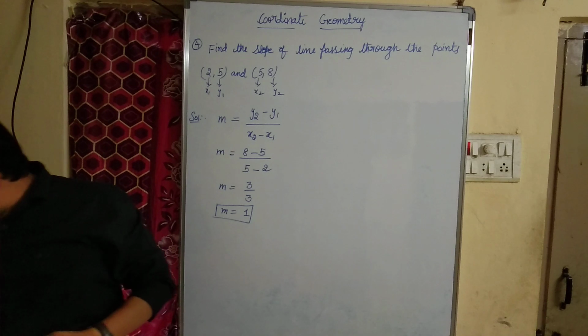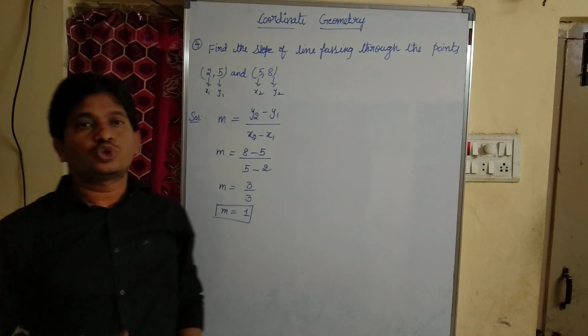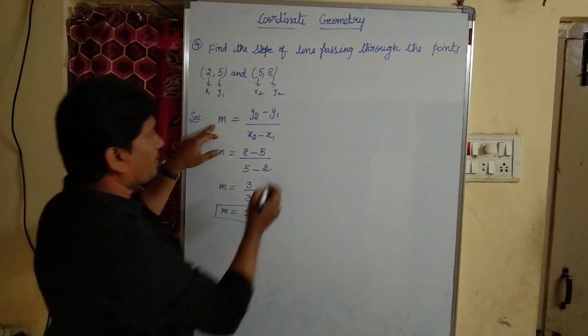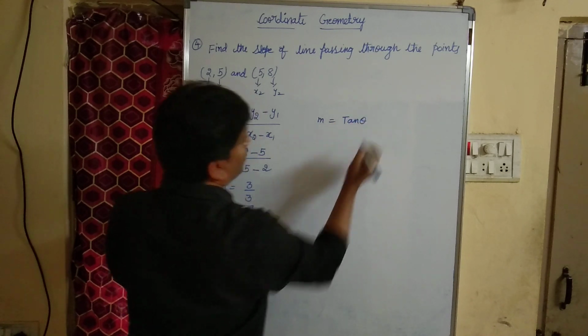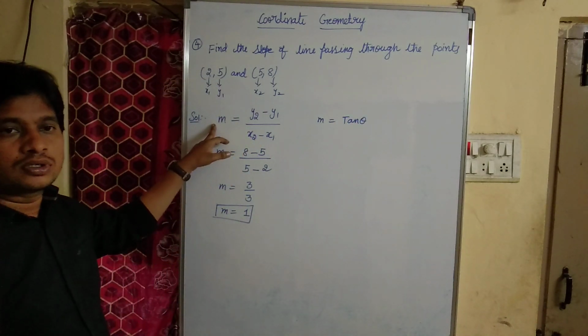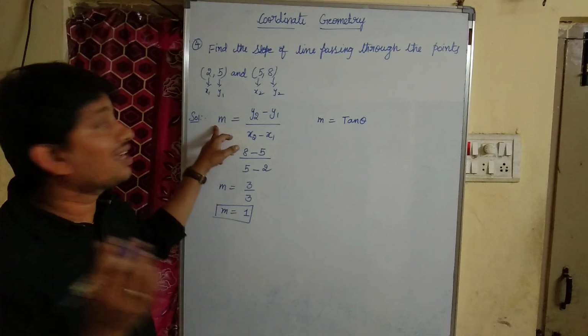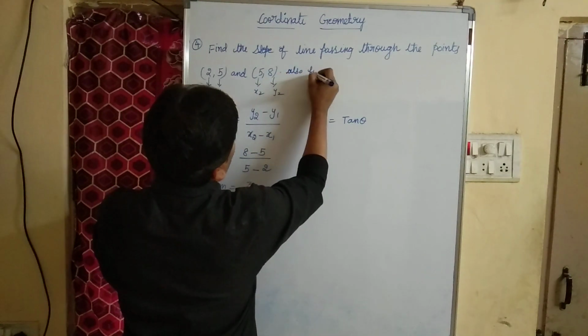Okay, what is that? It is represented by tan theta also. Slope of a line passing through the 2 points can be represented by the letter m, or we can also call it tan theta. Then they may also ask to find the angle theta.